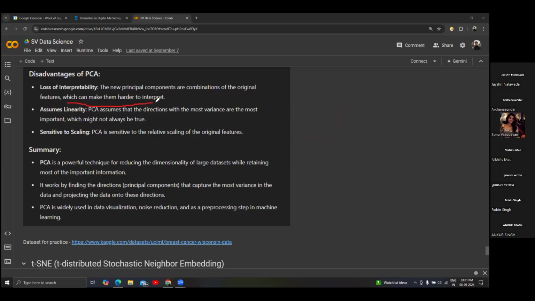Within one PC, you cannot go back to the lot of features which made it. It is like after compressing an image, you cannot go back to the high definition image. That's why.